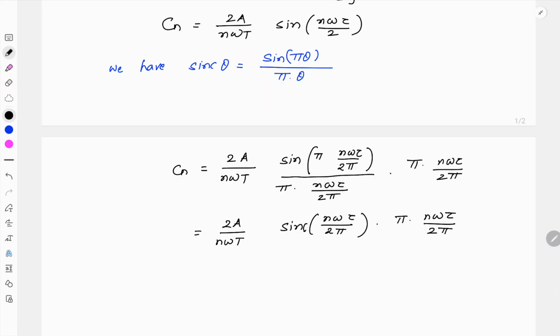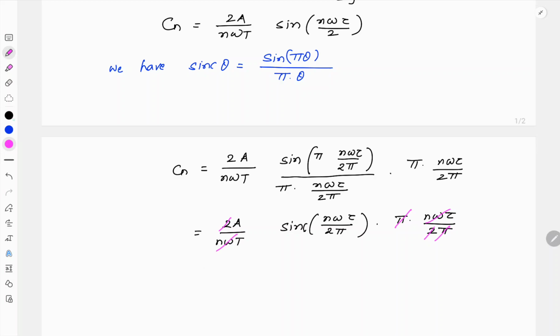So now let us see what terms are cancelling each other. So here pi gets cancelled out, this 2 gets cancelled with this 2, then we have n omega t here, and here also we have n omega t.